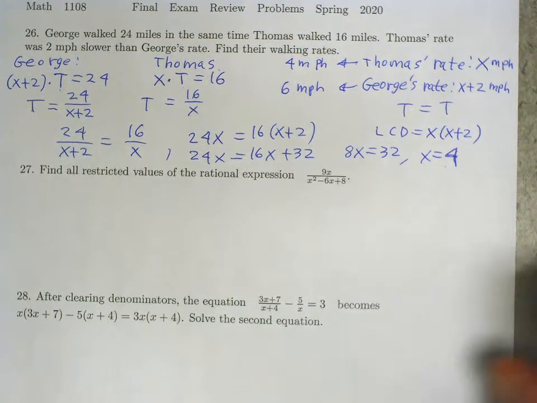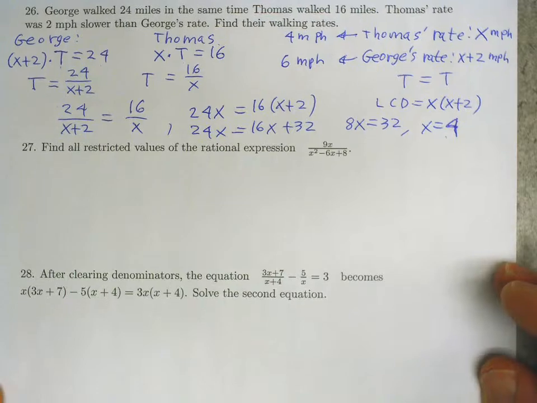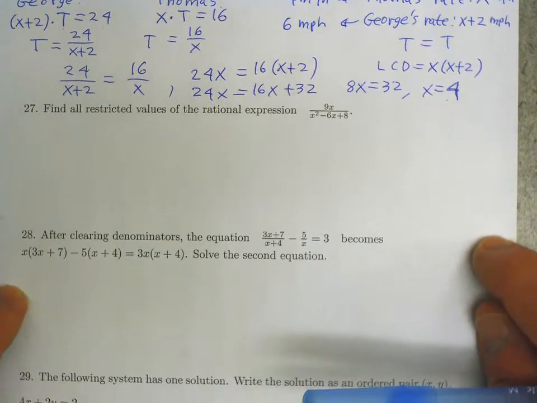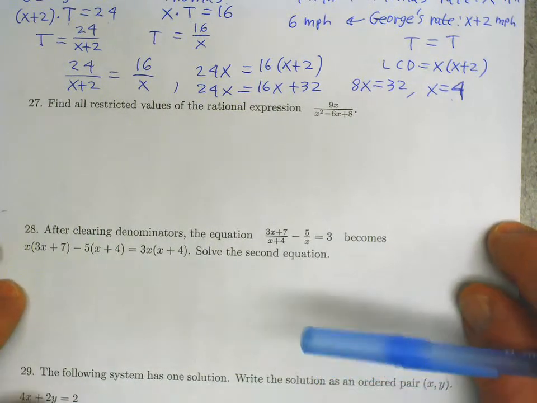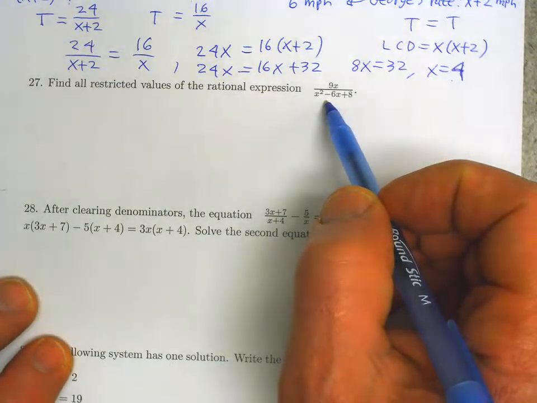Okay, and number 27, find all restricted values of the rational expression. So 9x divided by x squared minus 6x plus 8. Okay, so we're just focusing on the denominator.